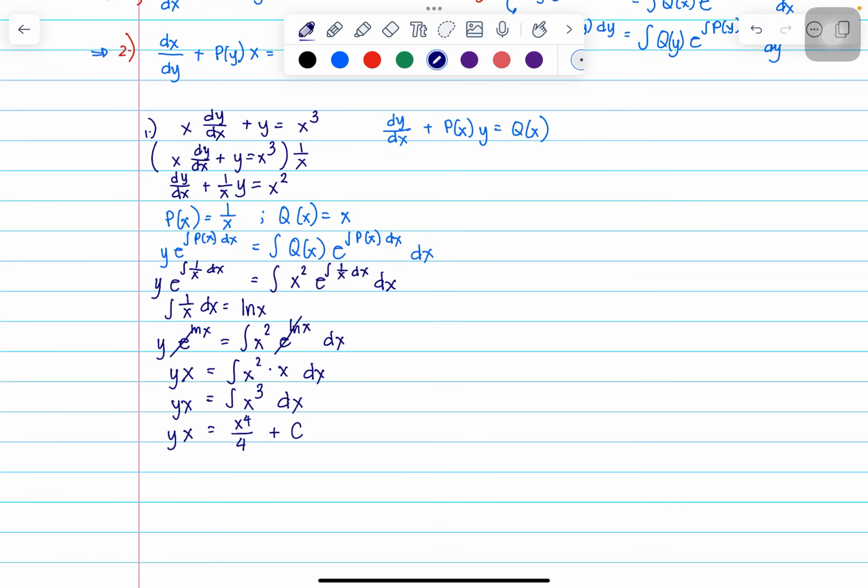Let's simplify the equation further. We can do y is equal to, so you multiply everything by 1 over x, you'll get x cubed over 4 plus c over x.